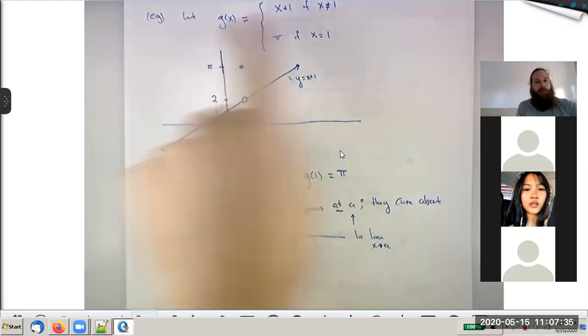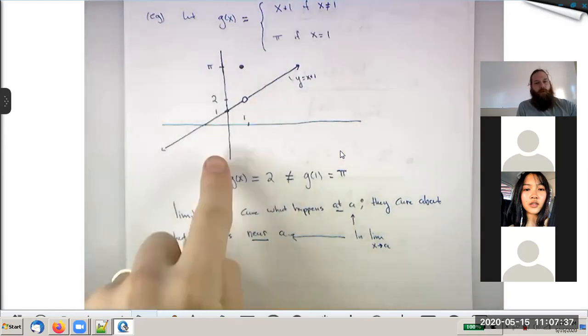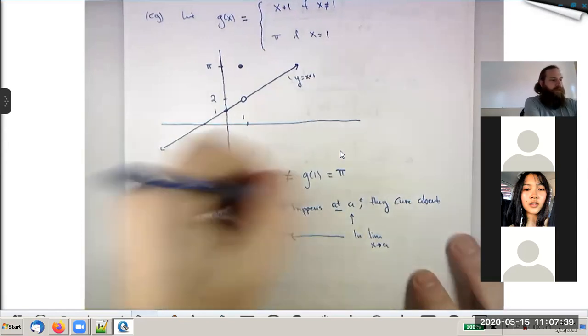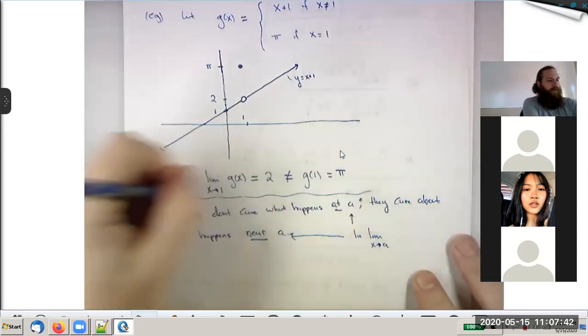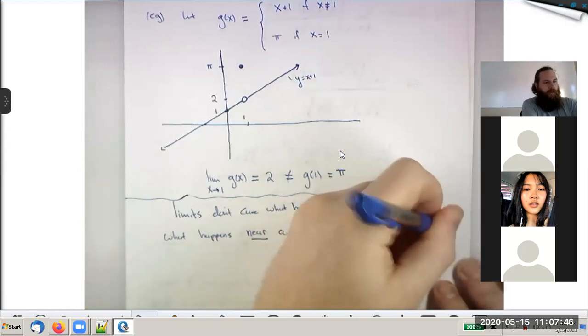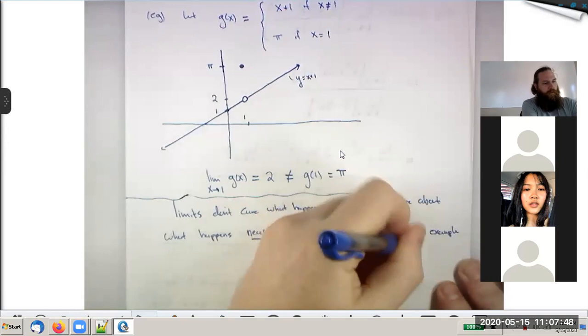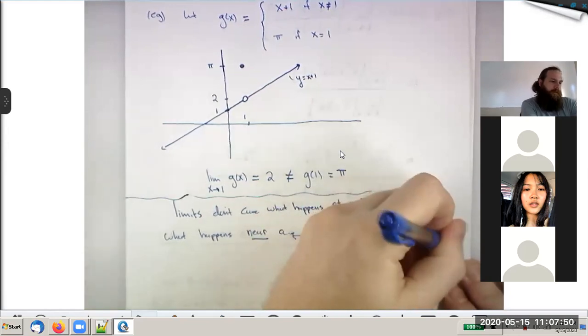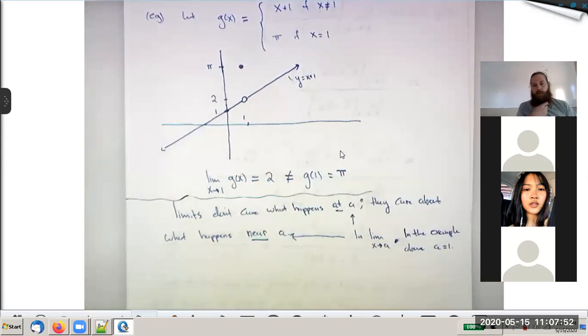So in this example here, a is equal to 1. It's the place I'm trying to send x. It's the place I'm trying to take the limit.